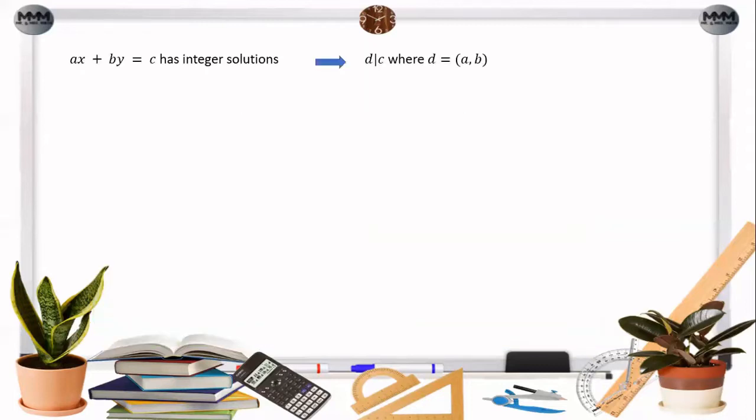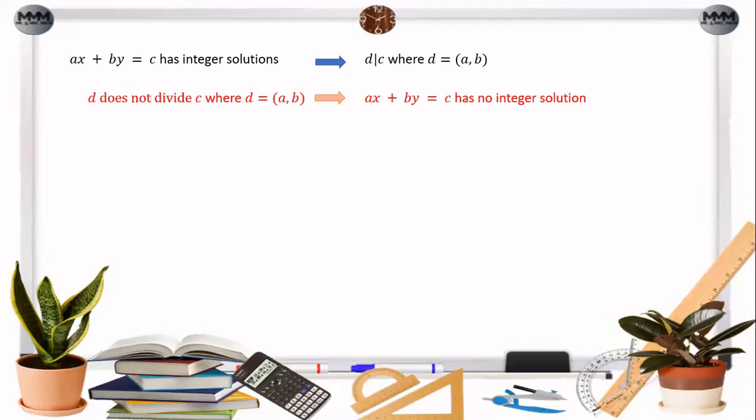We will be using this statement here: if our linear Diophantine equation ax plus by equals c has integer solutions, then d divides c, where d is the GCD of a and b. If we get the contrapositive of this statement, we arrive at this: if d does not divide c, where d is the GCD of a and b, then our linear Diophantine equation ax plus by equals c has no integer solution.